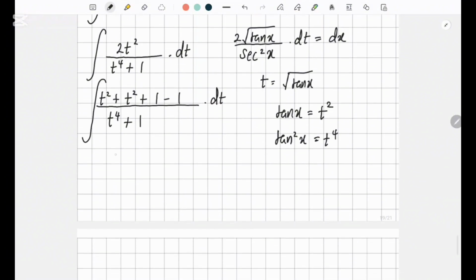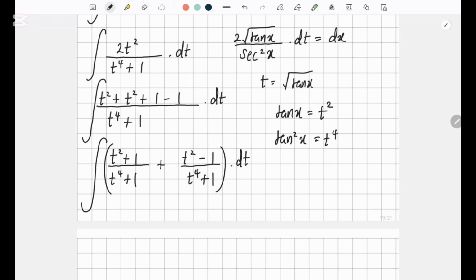So now we could take t squared plus 1 over t to the power 4 plus 1 as 1 fraction, plus t squared minus 1 over t to the power 4 plus 1 as another fraction. So this is what you have now, right?